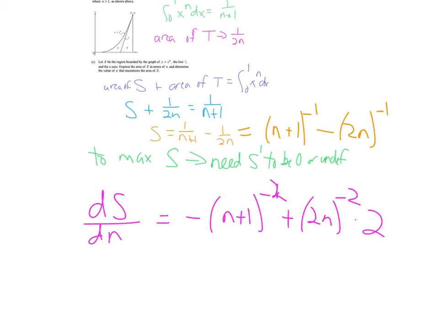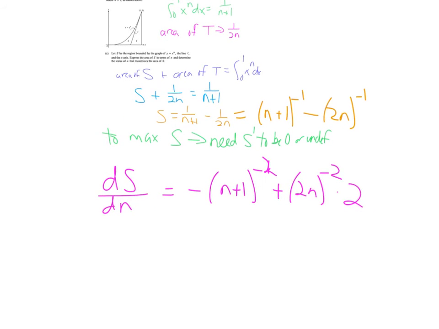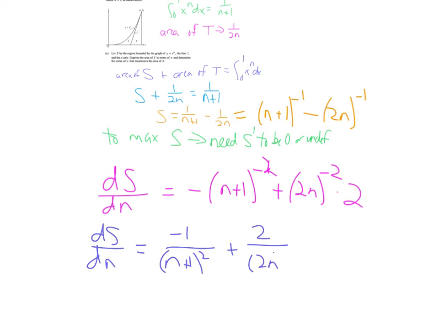But in the second expression, the derivative of 2n is 2. So let's look at what we have. We have dsdn is negative 1 over n plus 1 squared plus 2 over 2n squared.